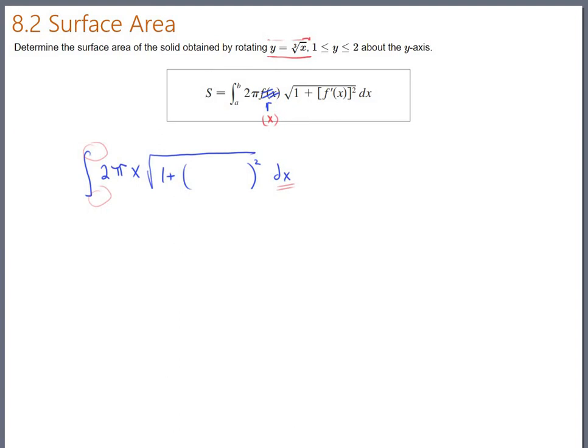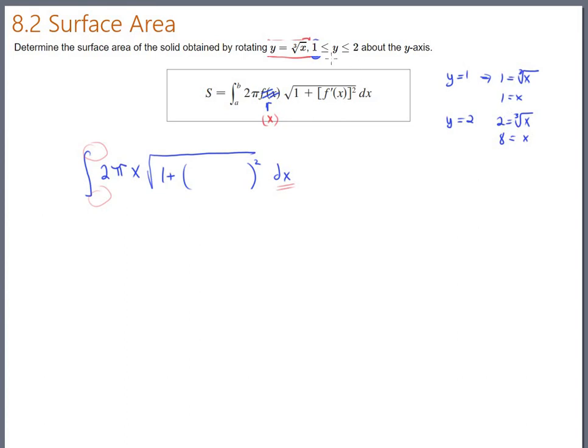So we can say if y is 1, then that means 1 equals the cube root of x, and you can cube both sides and say if y is 1, then x is 1, and if y is 2, then 2 has to equal the cube root of x, and cube both sides, and x equals 8.